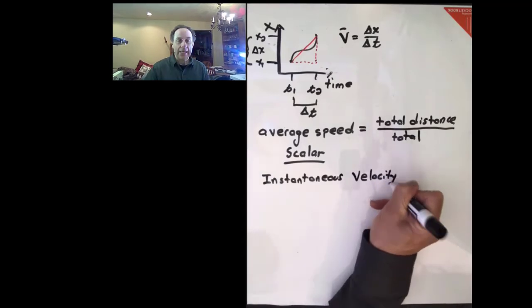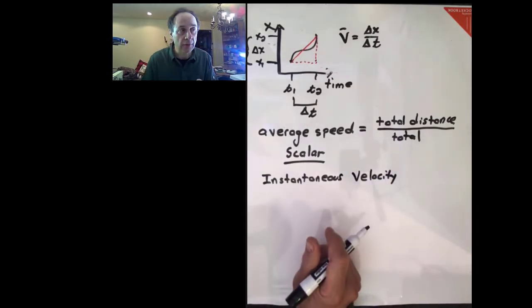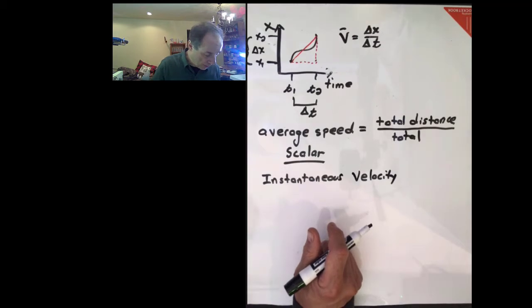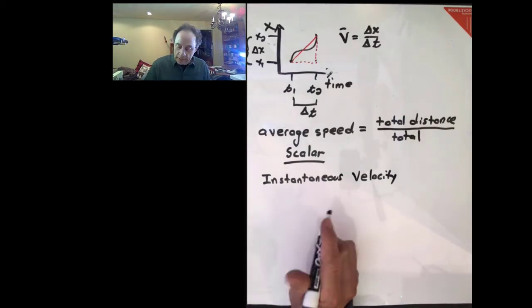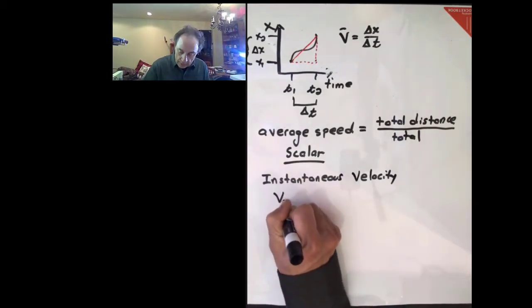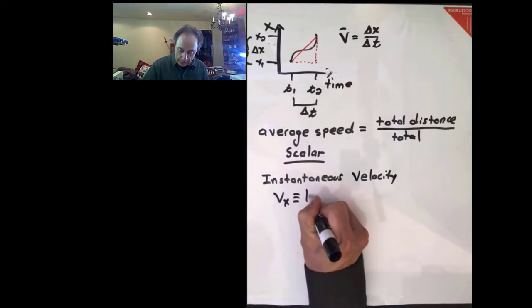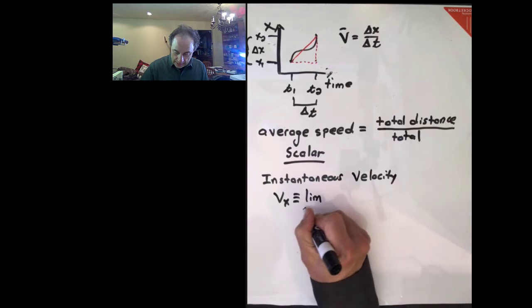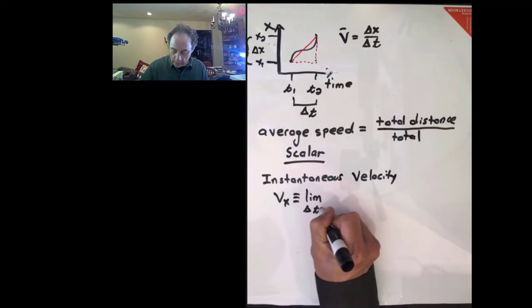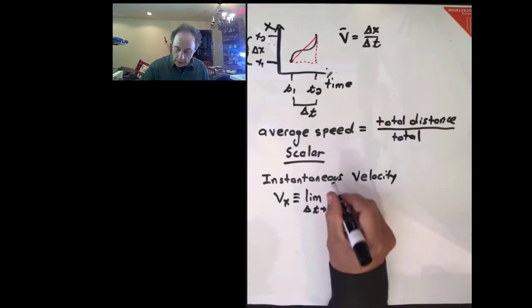The velocity at some particular point of time, right? Some exact point of time. So we define that as the limit as delta t goes to 0 of the change in x over the change in t.